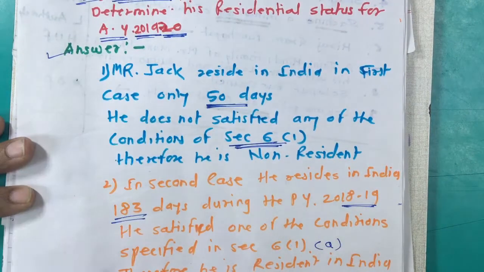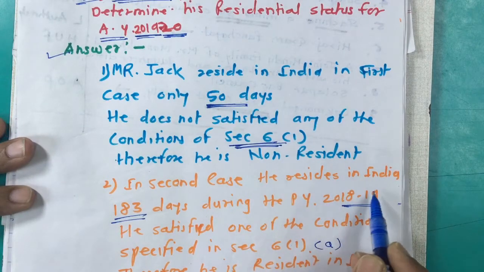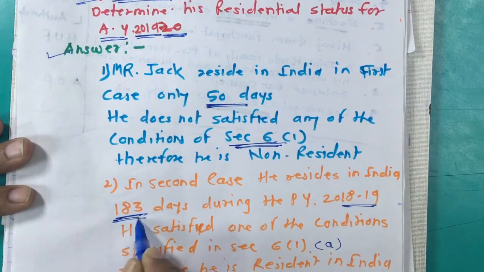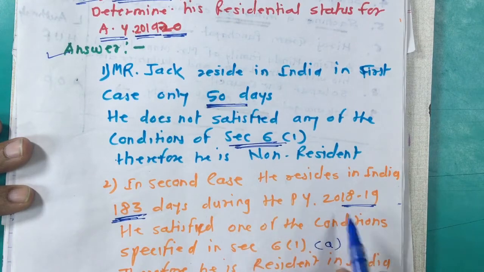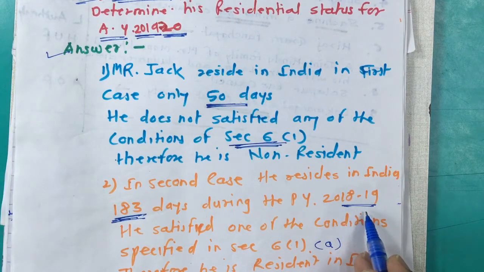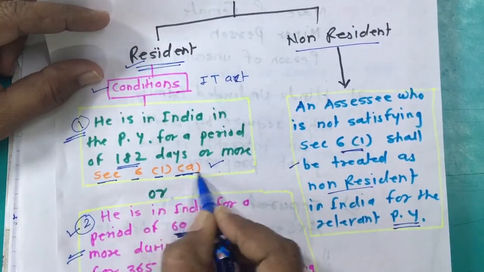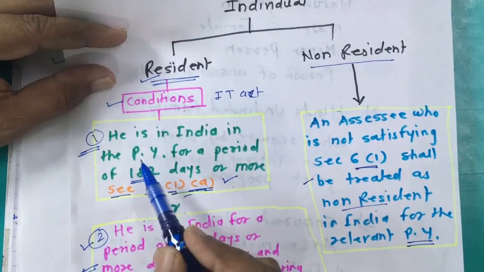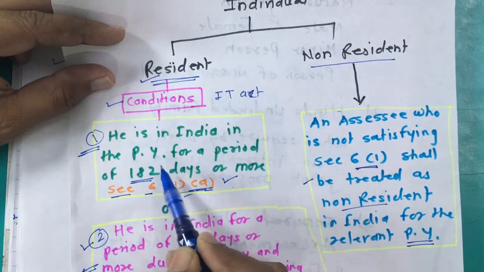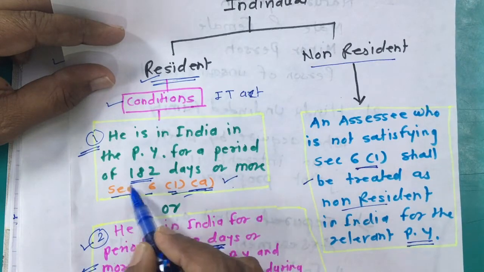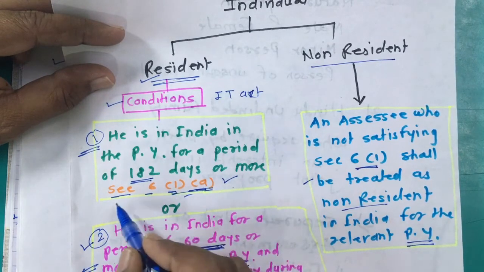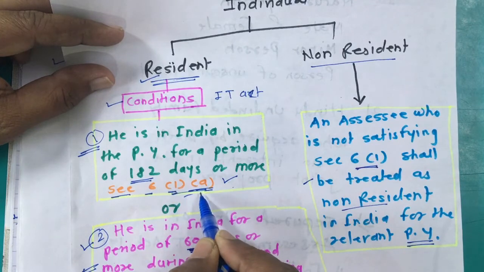In the second case, he resides in India 183 days during the previous year 2018-19. He satisfies one of the conditions specified in Section 6(1)(a). The basic condition is he is in India in the previous year for a period of 182 days or more as per Section 6(1)(a).